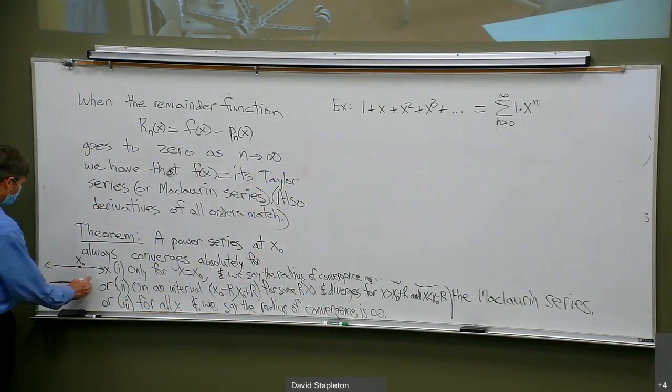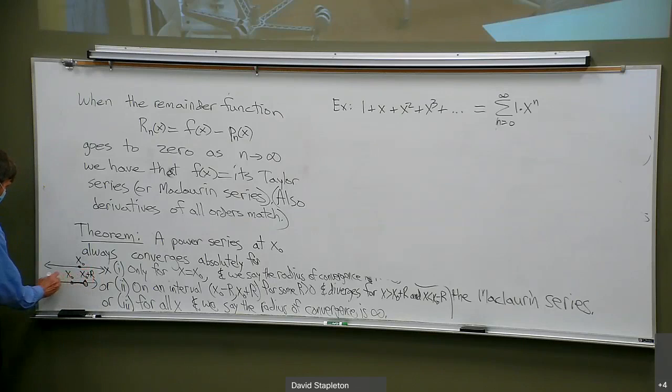Or it might converge on a symmetric interval like this. Here's x naught, and then it converges over here to x naught plus r, but maybe or maybe not at x naught plus r. So it converges here, and it converges the same distance the other way, x naught minus r.